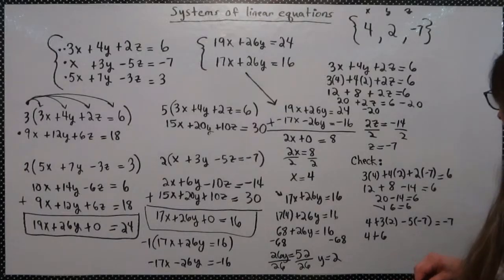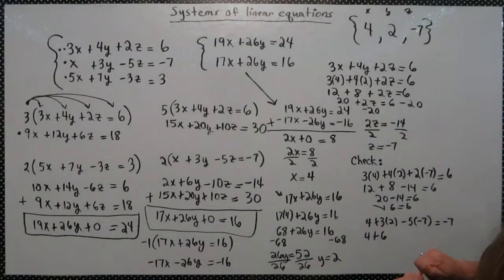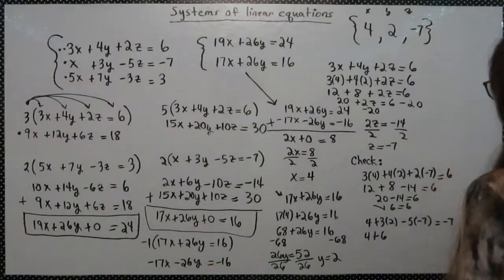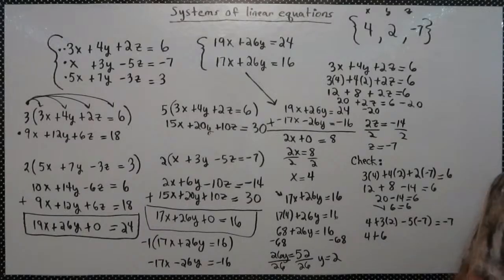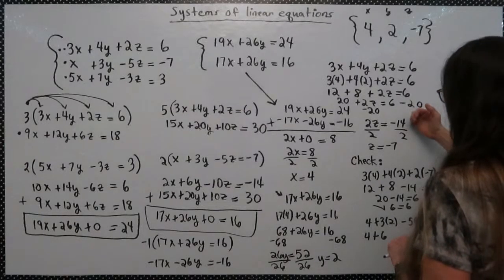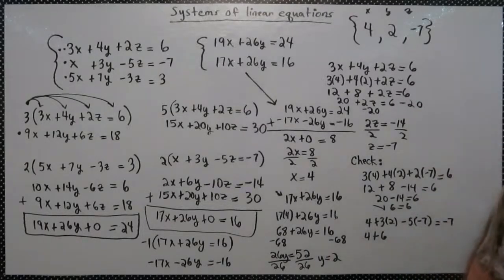What did I do wrong? That's not going to work. Wait a second, did it fail? Or did I make a mistake? Well, I was so smooth sailing here. What happened? No. 14, yeah, negative 14, negative 7. The first one checked out.